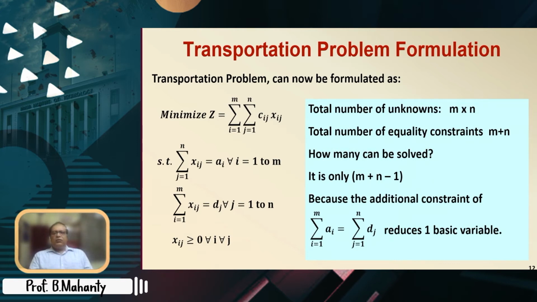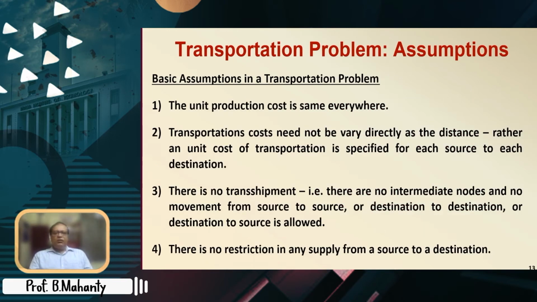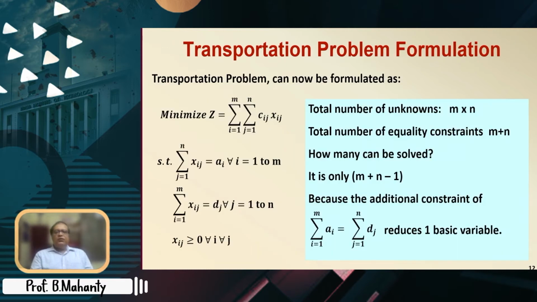Because the additional constraint sigma Ai equal to sigma Dj renders one constraint redundant, and because of that one basic variable will be reduced, and we can solve only m plus n minus 1.